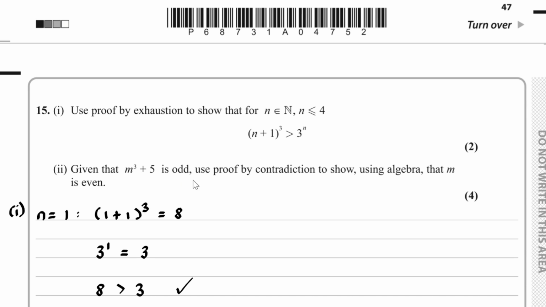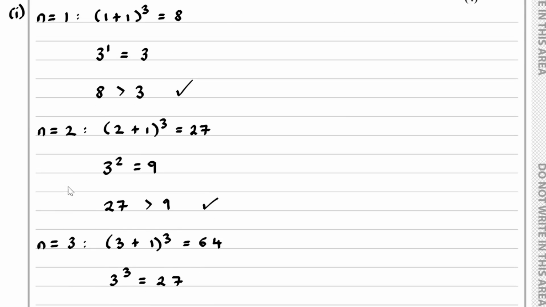Question number 15 for the second part. We're given that m cubed plus 5 is odd, and what we have to do is use proof by contradiction to show that, using algebra, m is even. Well, if we use proof by contradiction, we begin by stating the opposite.